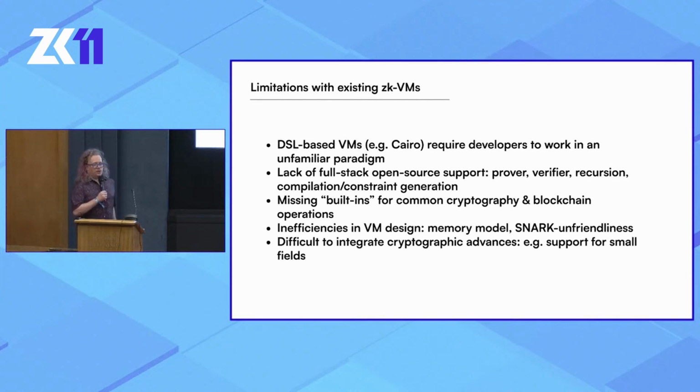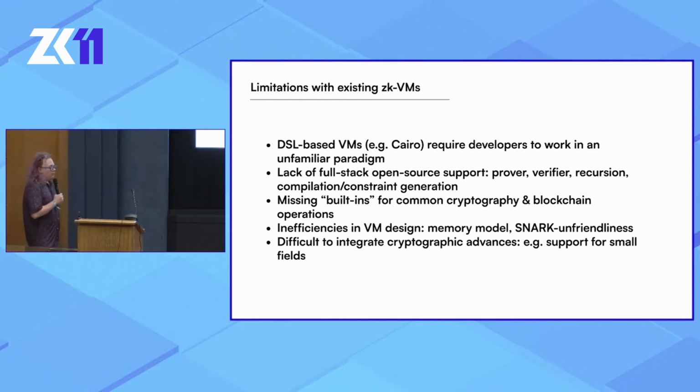So some of the limitations with the VMs that are out there today are that the domain-specific language-based VMs can be difficult to work with, requiring developers to learn a specific language for the given VM, not being able to reuse code across different proof systems, and just representing a different way of thinking about programming than developers are likely used to.